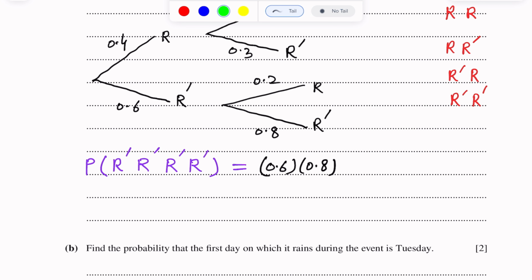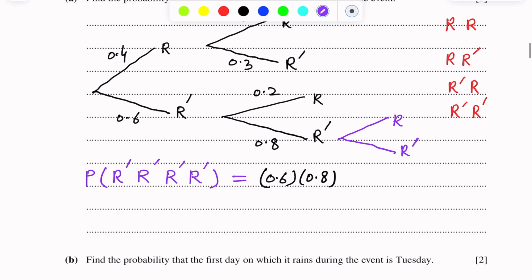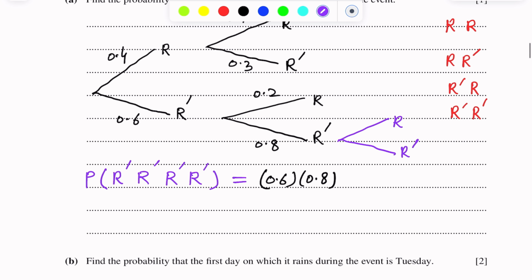For third day we will make here again the diagram. R dash, this is 0.2, this is 0.8.